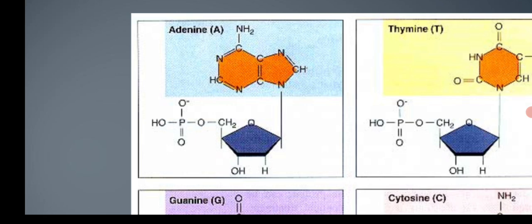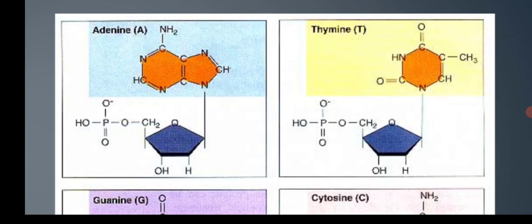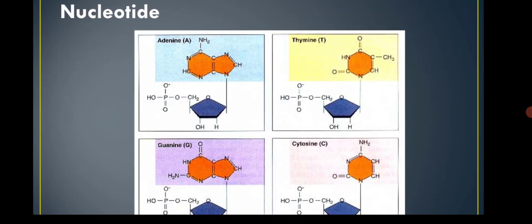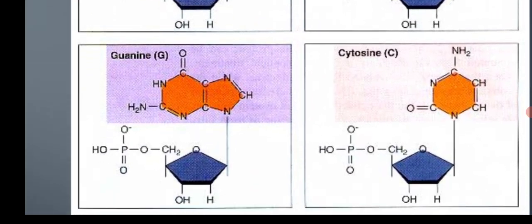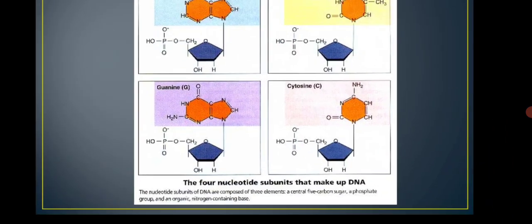This is adenine, this is thymine, this is the thymine nucleotide in which the nitrogen base thymine is attached to deoxyribose sugar. Next one is guanine, and the fourth one is cytosine.